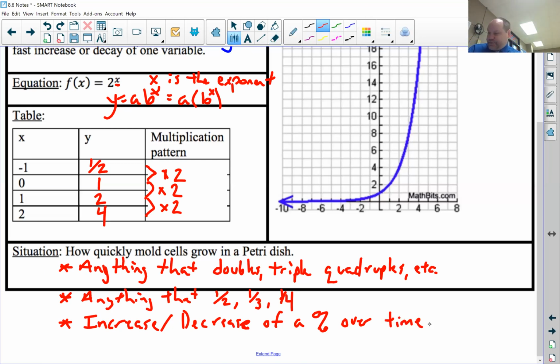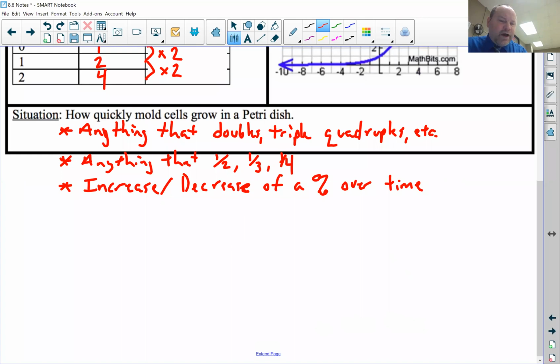That would be exponential. And then we did talk about populations. Those would be exponential.